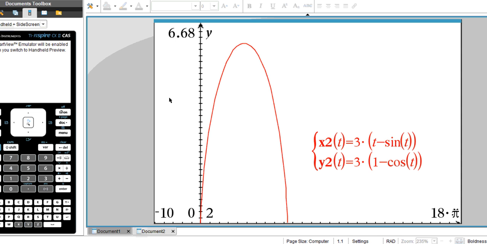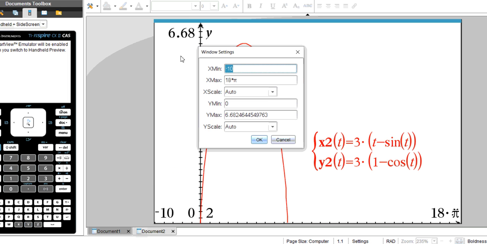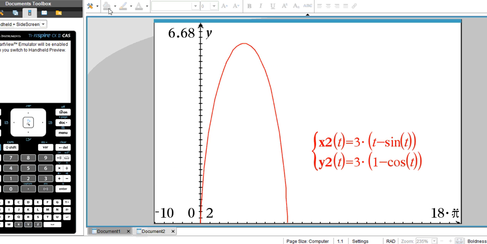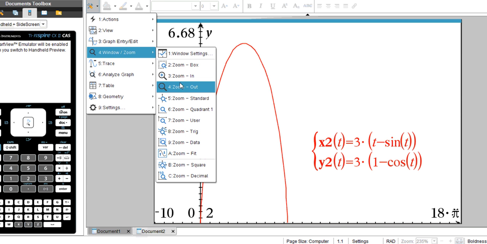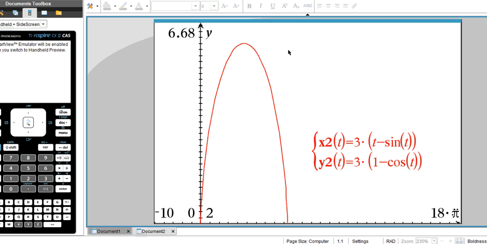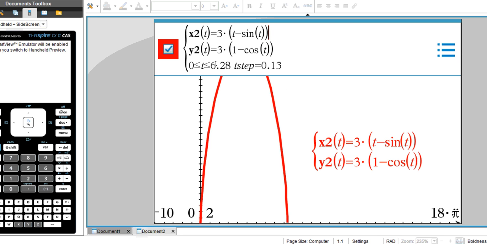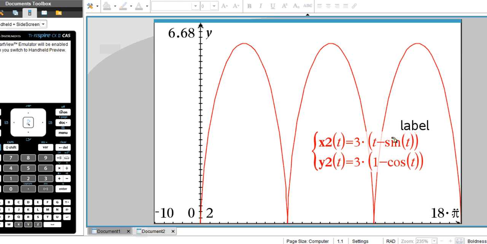Now my t values only ranged from 0 to 2 pi, but everybody has window settings, and you can change that in the Inspire. You can change and get from 0 to 6 pi.